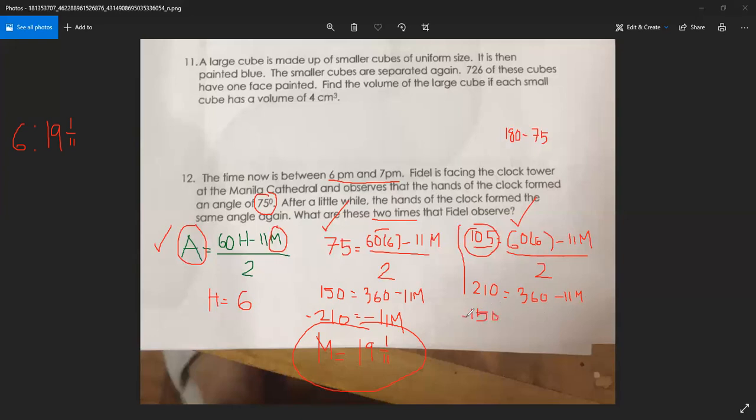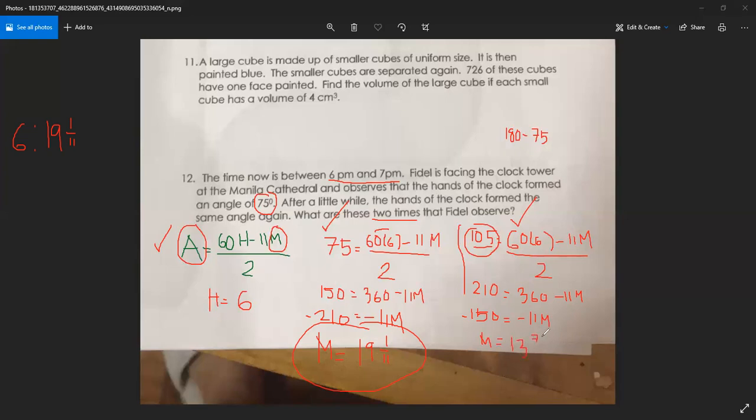Negative 150 is equivalent to negative 11M. Then we solve for M: 150 divided by 11, written as a mixed number, so M is equal to 13 and 7 over 11.